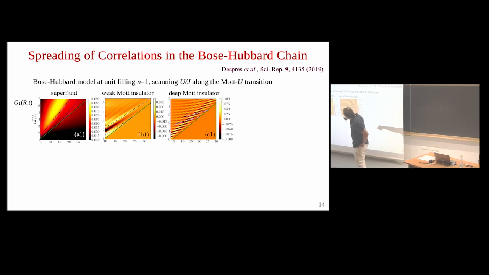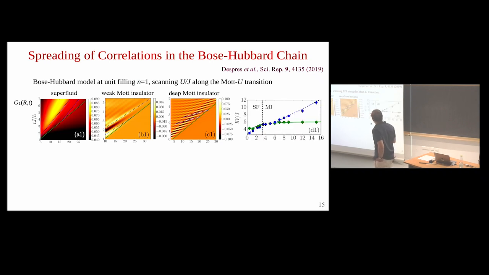And on top of it, you have some maxima that propagate at a different velocity, which is exactly what we expect. In the Mott case, you see the same kind of thing. So here it is a bit clearer in this figure, where you have an edge here. Essentially, the correlations are 0 here. And here you have some modulations that propagate at a velocity that is different from the edge. You have the same thing deep in the Mott insulator.